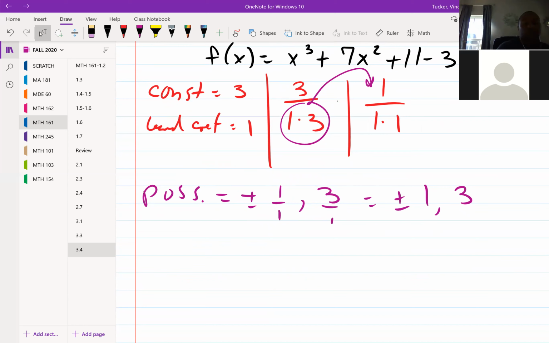So we have those 4 options: +1, -1, +3, and -3. We can plug those values in and see if we get 0. Remember, it's not a solution unless we get 0. And so we can use synthetic division.